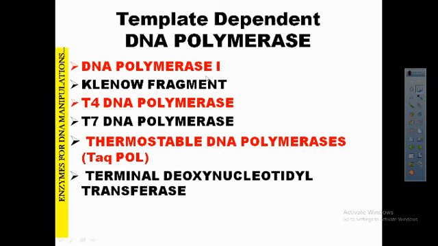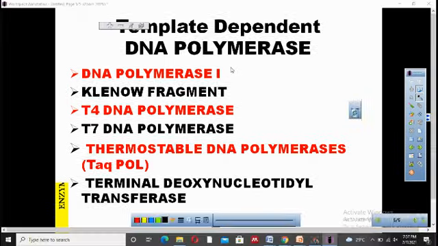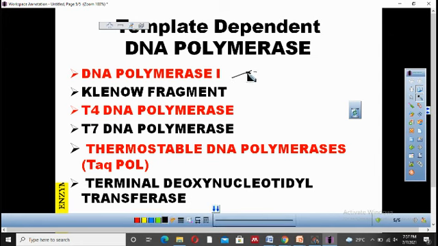One is DNA polymerase 1, and the second one is the Klenow fragment. The third one is T4 DNA polymerase, which has been isolated from the T4 phage, and the fourth is T7 DNA polymerase.